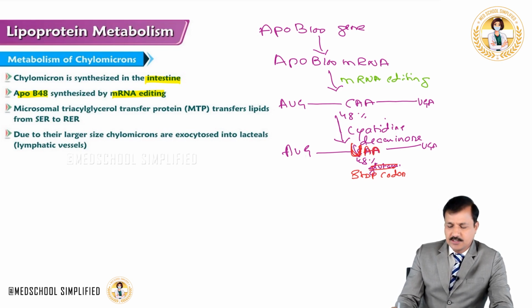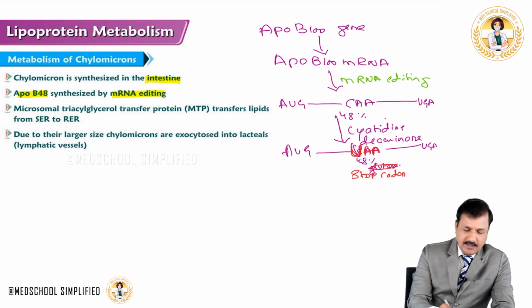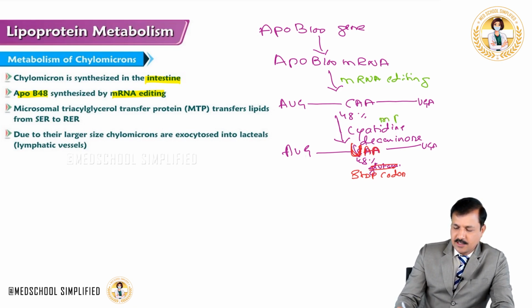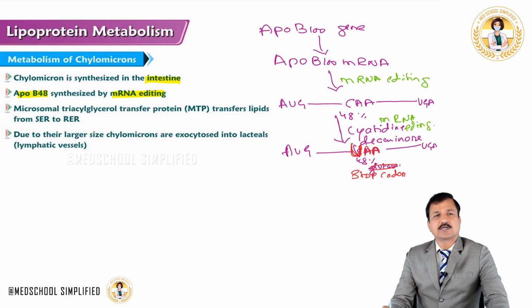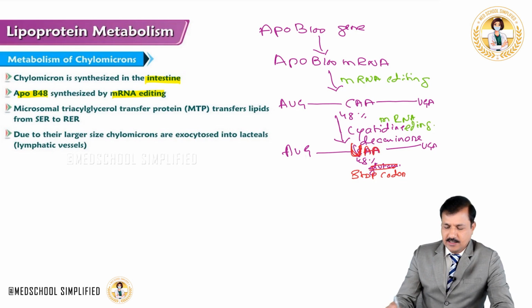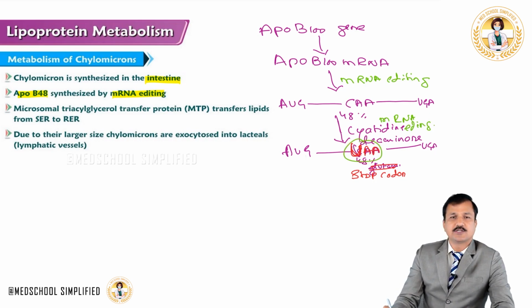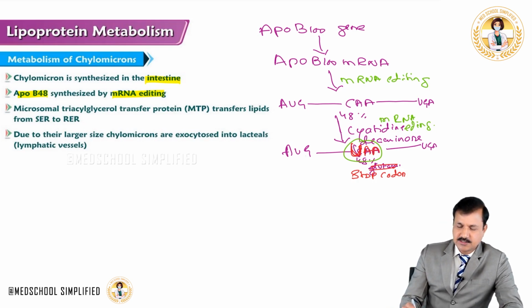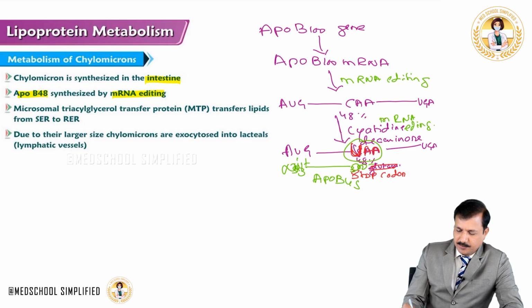Now in the intestine, this mRNA editing is going on, where cytidine deaminase is converting CAA into UAA, and UAA is the stop codon appearing at 48% of the Apo B-100 mRNA. So protein synthesis will go on only up to 48%, from the amino terminus to the carboxy terminus, and the protein is Apo B-48.